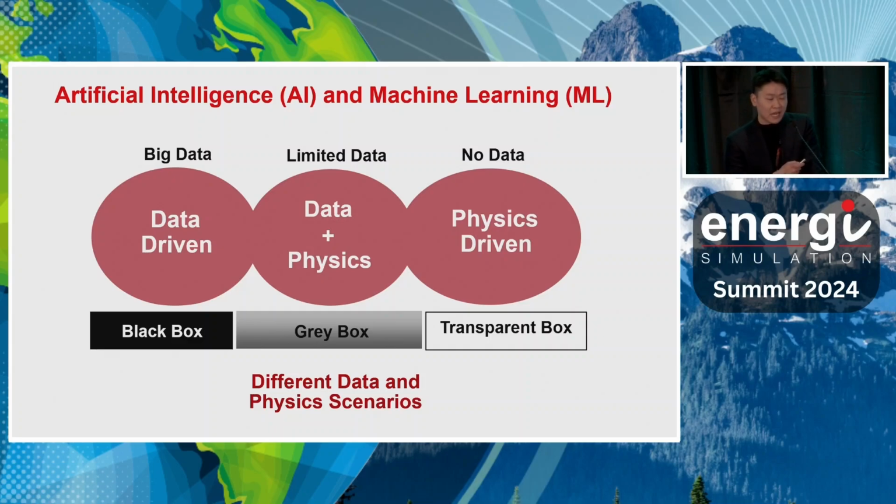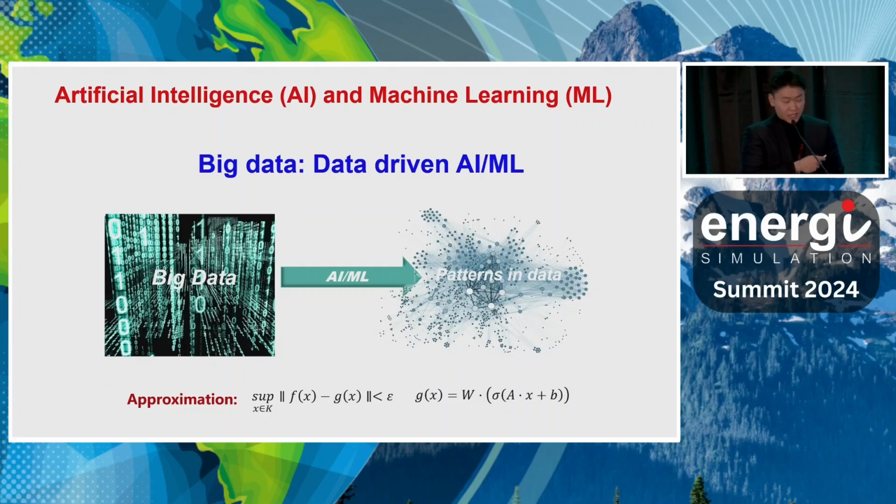If we have limited data, we can generate a data and physics-driven model, which is a gray box. And if we don't have any data, we would like to generate a physics-driven model, which is a transparent box. Here is a diagram showing how the big data or data-driven model works.